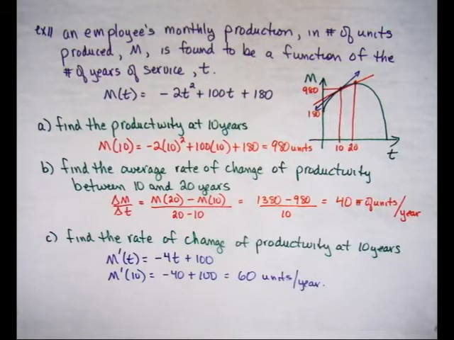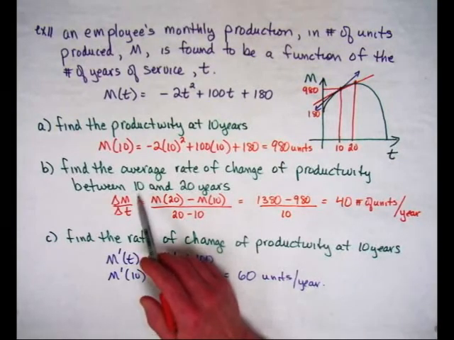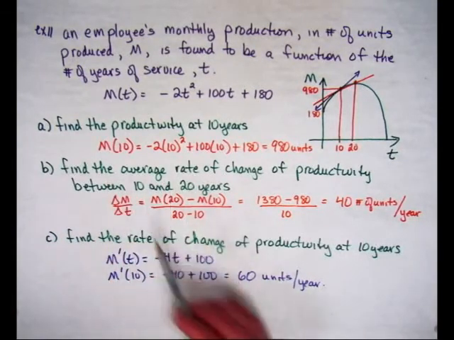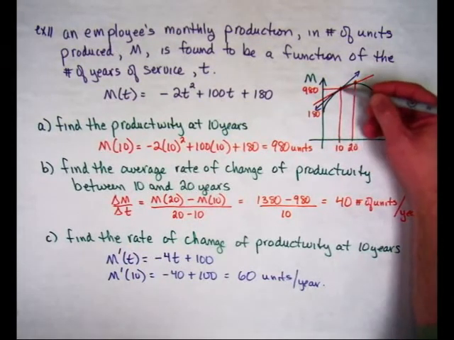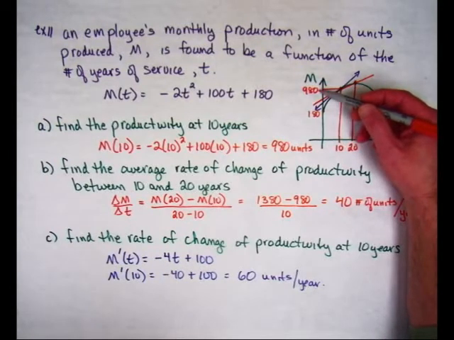Now, a question that might be of more interest to an employer is not just what the employee was doing at that particular moment, but was their production increasing or decreasing? So we could find what's called the average rate of change. We could say, find the average rate of change of the productivity between 10 and 20 years. So if I plug in 10 years, the employee was producing 980 units.